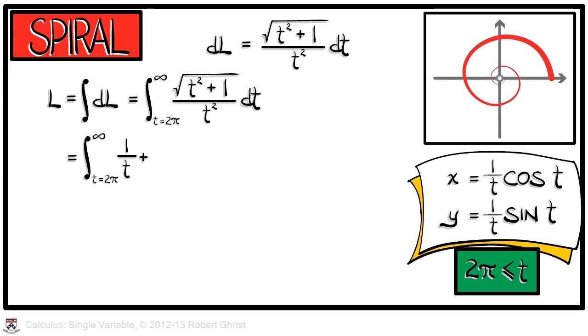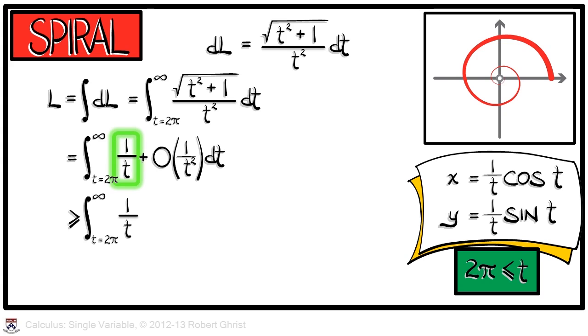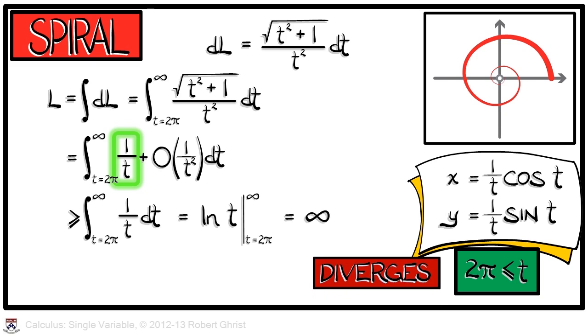And pulling that out and simplifying, we get 1 over t plus something that's in big O of 1 over t squared. Now, I know that that leading order term leads to a divergent integral. When you integrate 1 over t from a constant to infinity, that diverges.